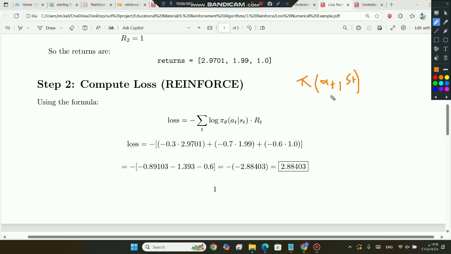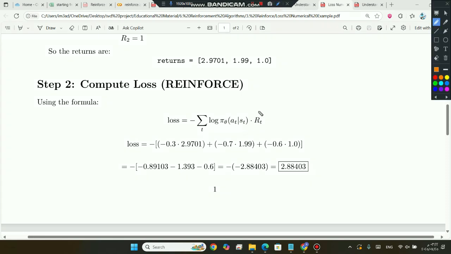Whenever I get a high reward from the environment, I want the probability, or this function, to be high. And if I get a low or negative reward, I want this probability to be low. So how can I set up a loss function that will do this?